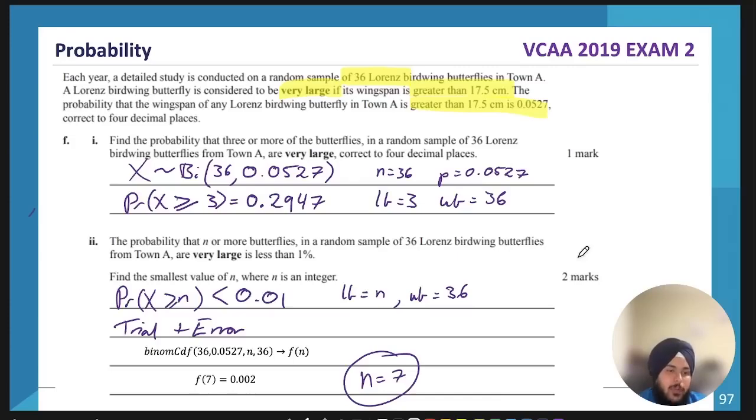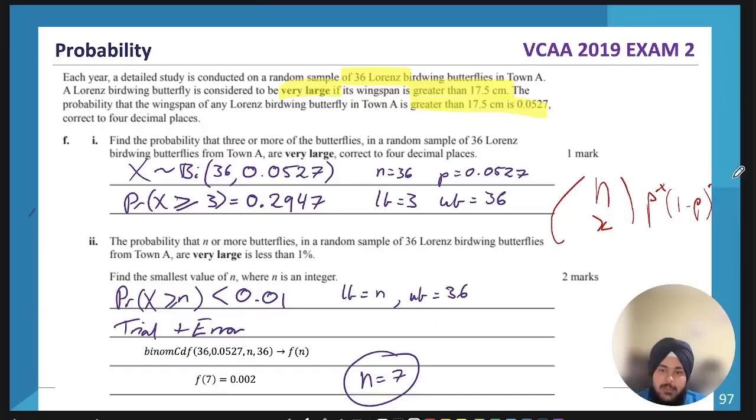Alternatively, what I've done here is define the function, probability x of n, using the formula that we saw before, where we have n choose x, p to the power of x, times 1 minus p to the power of n minus x.